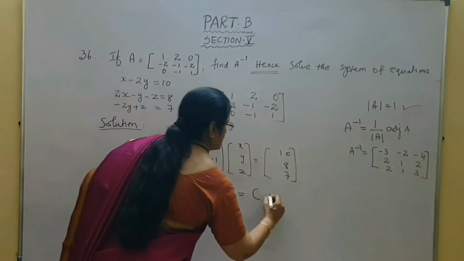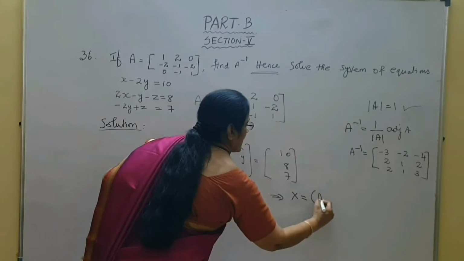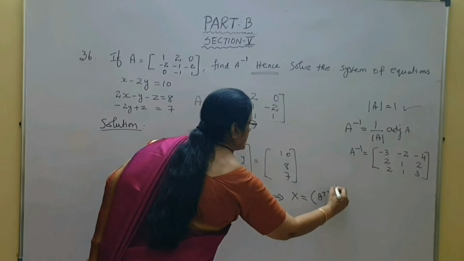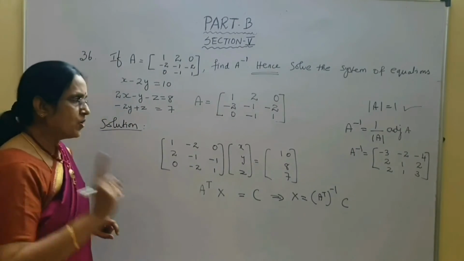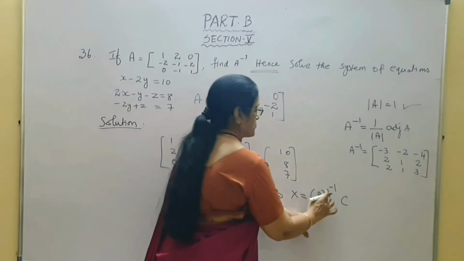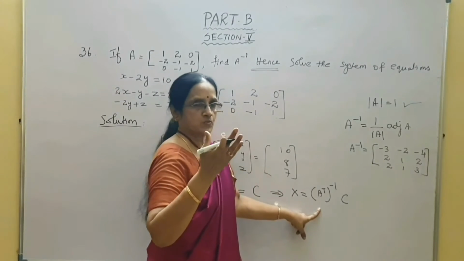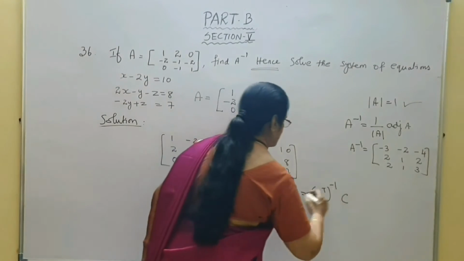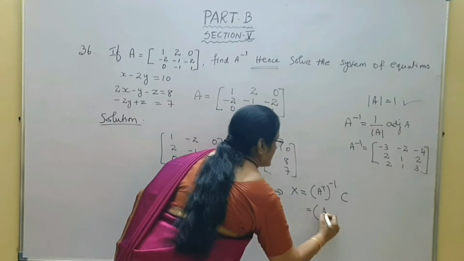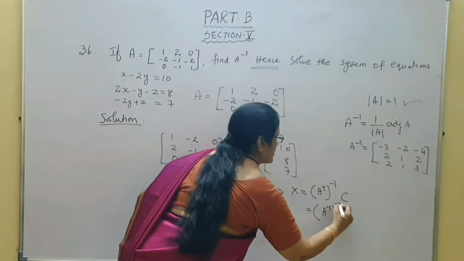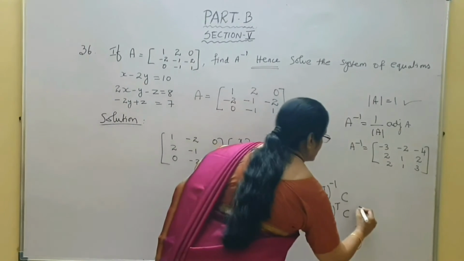This implies X is equal to A transpose the whole inverse into C. You know the property, A transpose the whole inverse is nothing but A inverse the whole transpose. So, I can write this as A inverse the whole transpose into C. What is the reason?